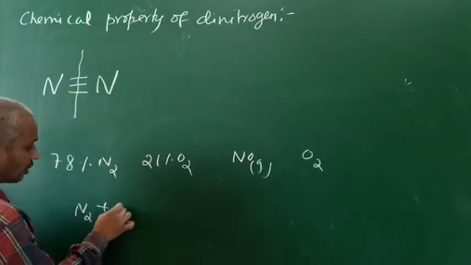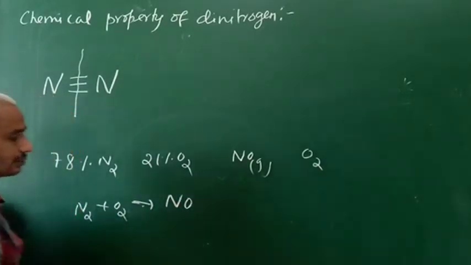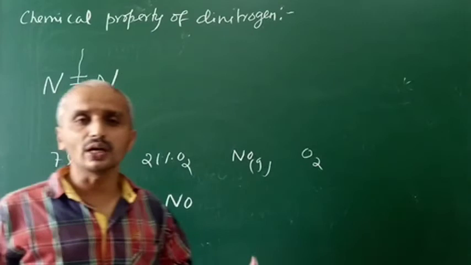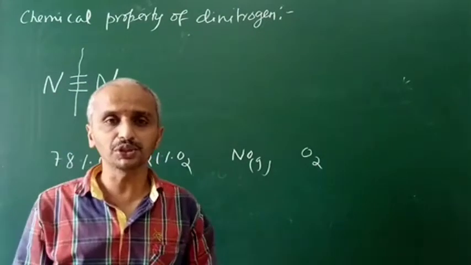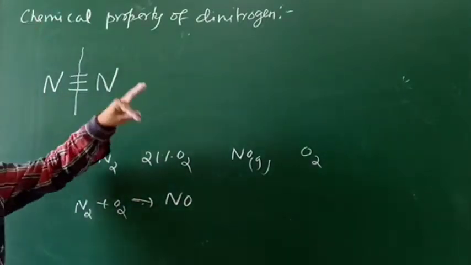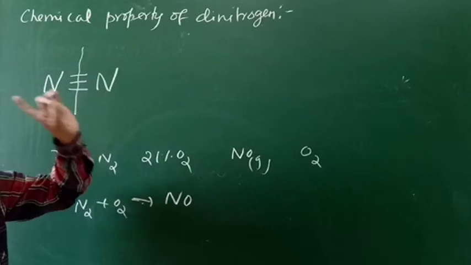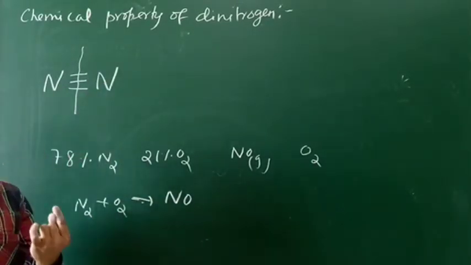Nitrogen reacts with oxygen and gives nitric oxide. This combines with water and HNO3 can be formed, but not at normal temperature. So at normal temperature, nitrogen is less reactive, but as the temperature increases, reactivity increases.